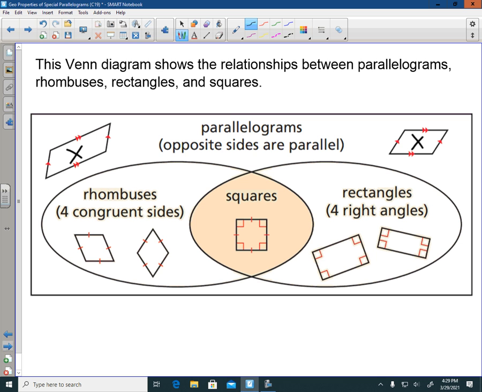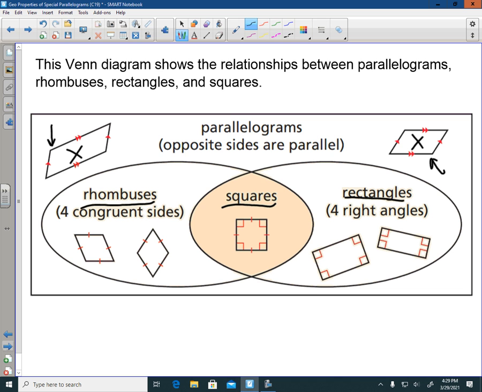But it's also true of everybody else. All rhombuses are also parallelograms, they're also squares, and they're all rectangles. So everybody that's called a rhombus, a square, and a rectangle is a parallelogram. They fall in that category. But then there are some parallelograms, like this one and this one, that are not rhombuses, squares, or rectangles.